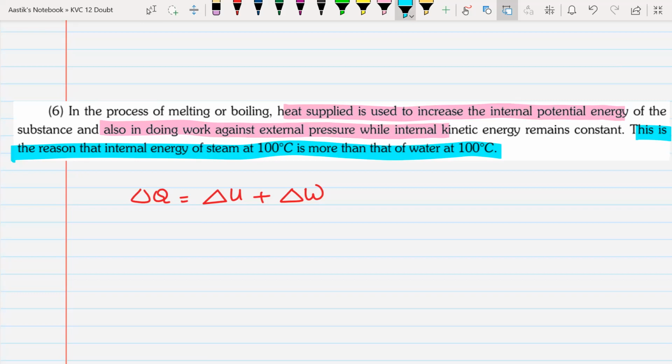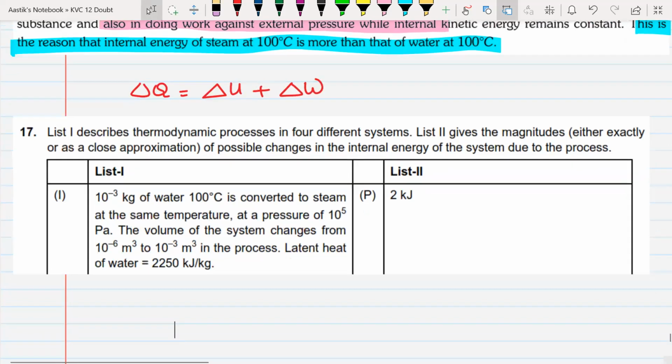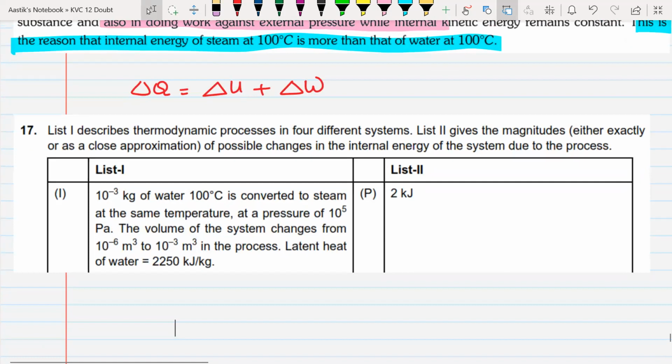This question is from this year's JEE, the one that has happened. It was a big list, and I'll show you the entire question that came in JEE, and you can understand.